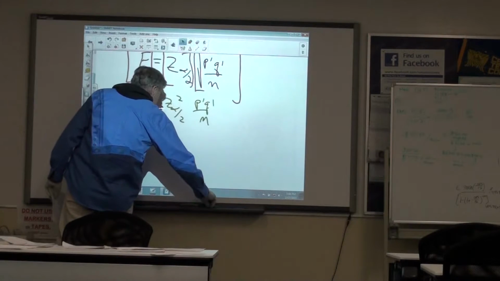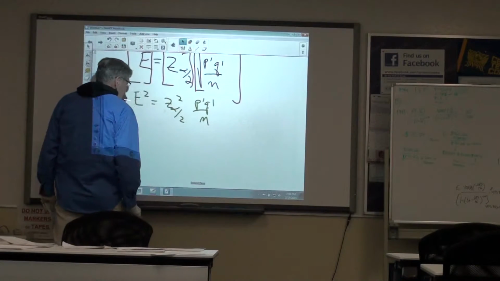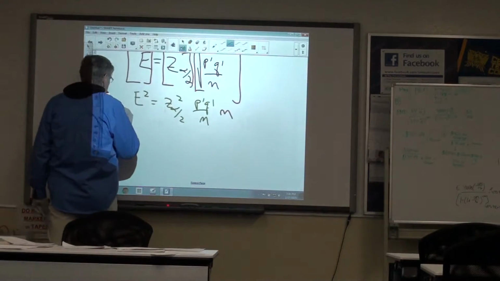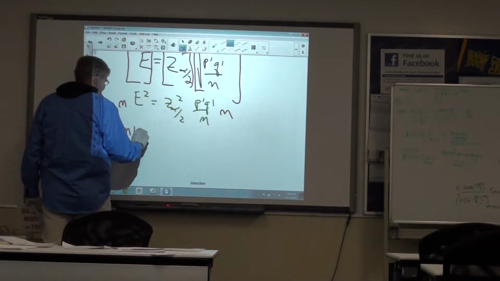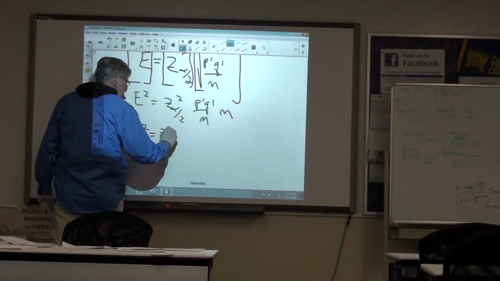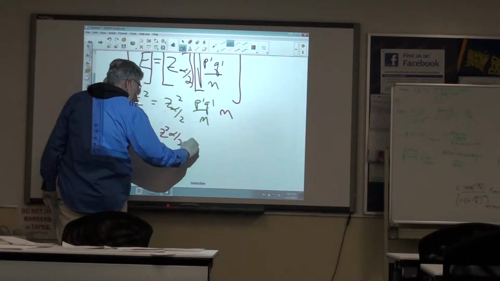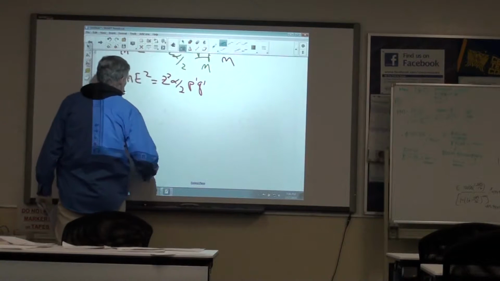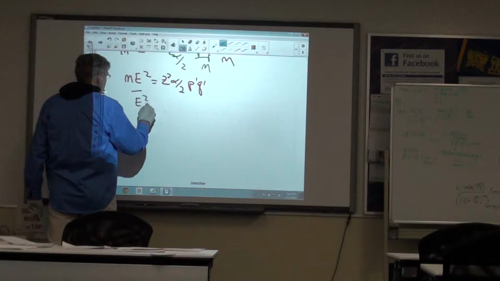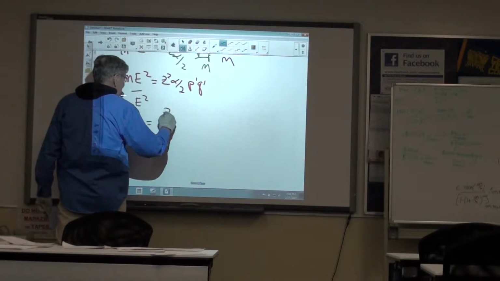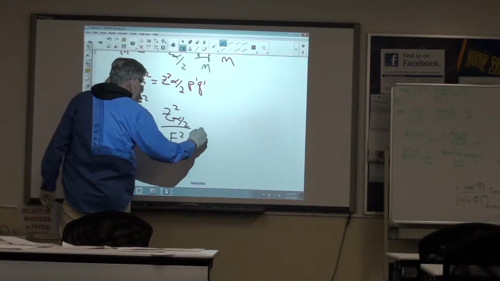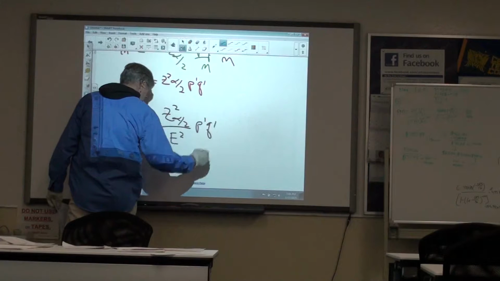Now, if you solve this equation for n by multiplying both sides by n, you get n e squared equals z squared alpha over 2 p prime q prime. And now you divide both sides by e squared, you get n is equal to z alpha over 2 squared over e squared times p prime q prime.